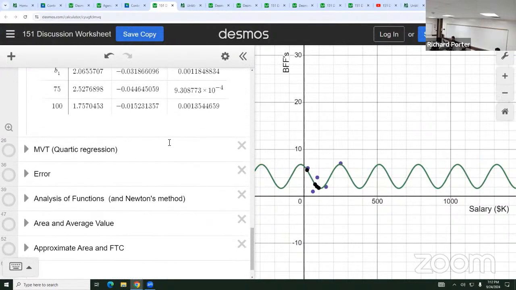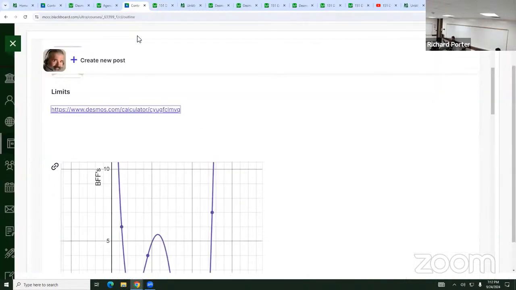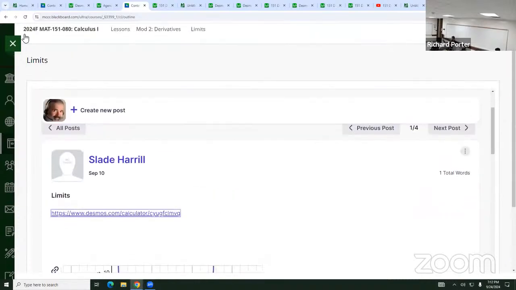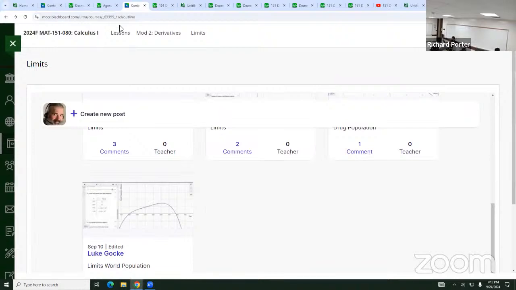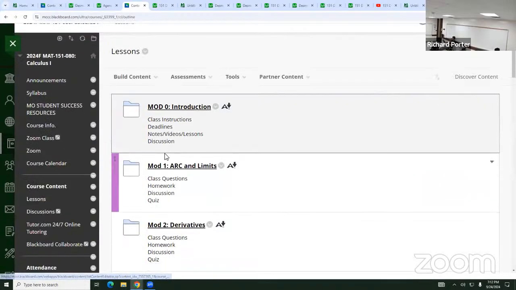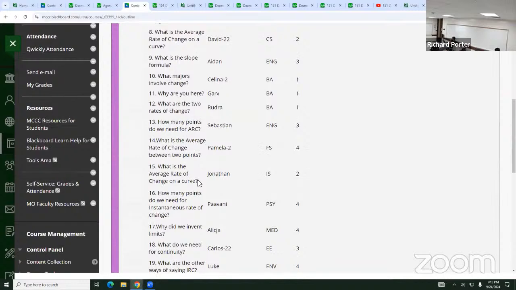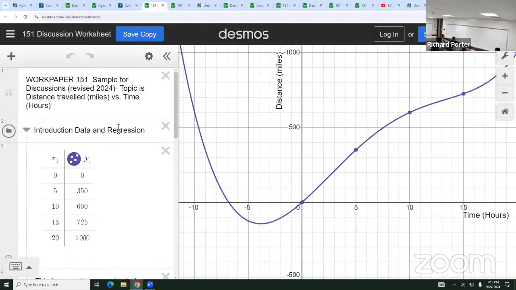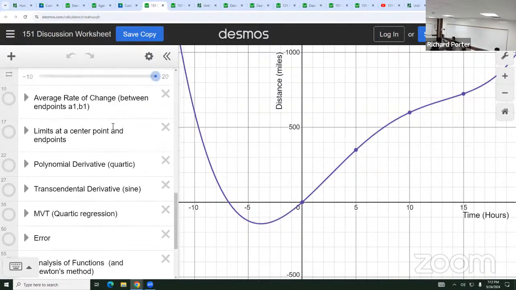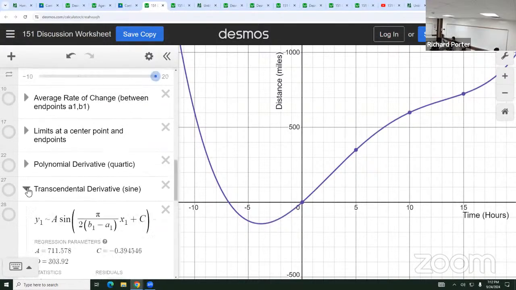And then you get to say stuff like, just like what you should have said before, but now you're saying it for transcendentals.